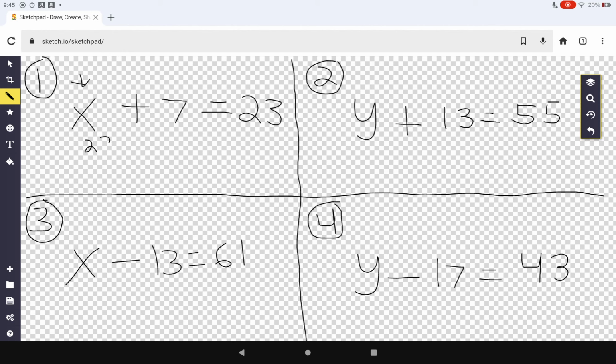I don't have to show work, but let's still do it anyway. So you cross this out. 13 minus 7 is 6, and then 16. So x would have to equal 16, because 16 plus 7 is 23.